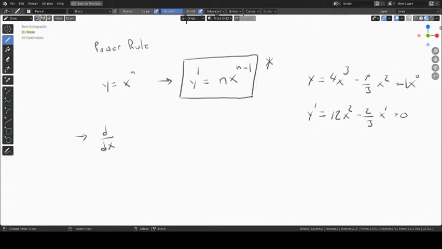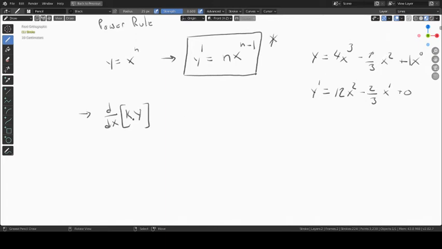This is another way of denoting that we're taking a derivative of a function. So we have a constant outside of our function, such as 4. So y equals 4 times x cubed. Anytime we have a constant outside of our function, this is the same thing as saying k multiplied by that derivative.